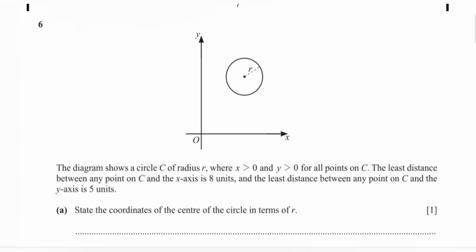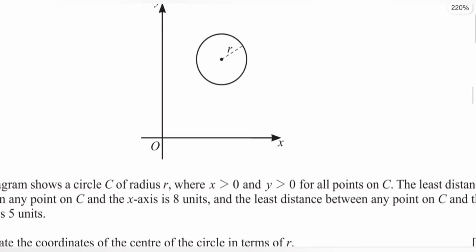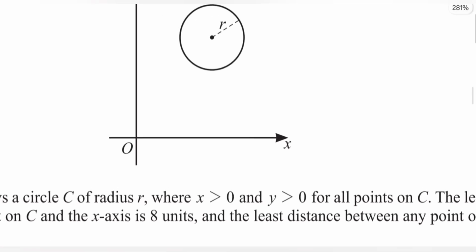The least distance between any point on C, meaning any point on the circle, and the x-axis is 8 units, right? The least distance between any point on the circle and the x-axis, that will be the distance that gives us 90 degrees, right?